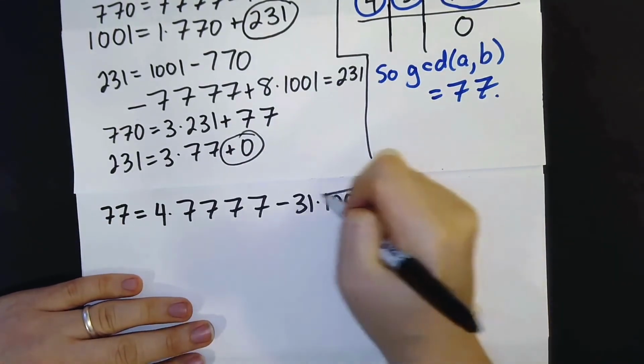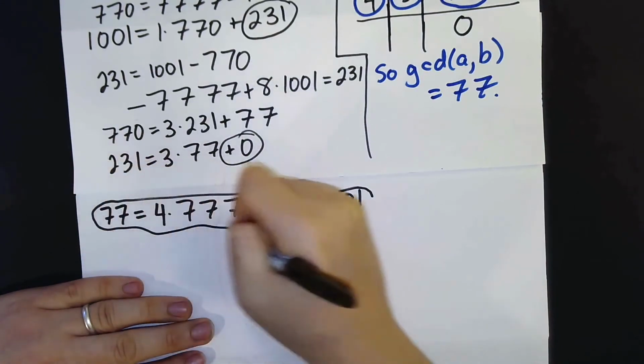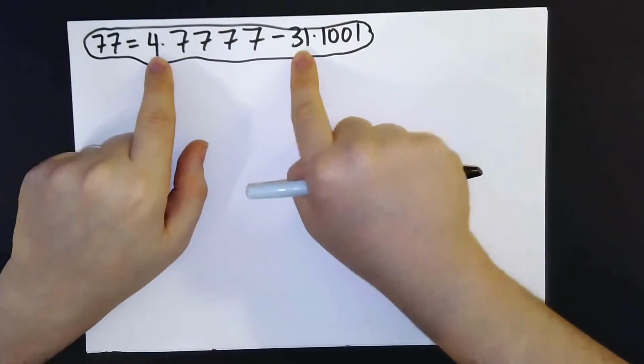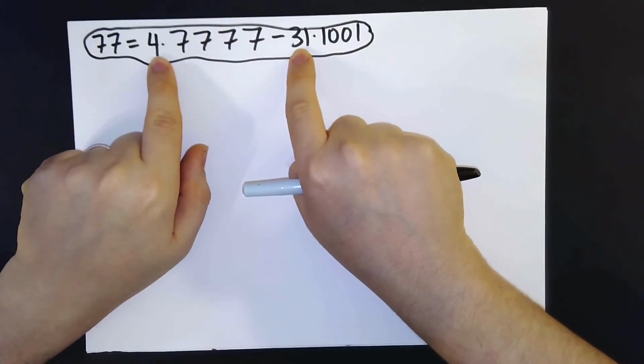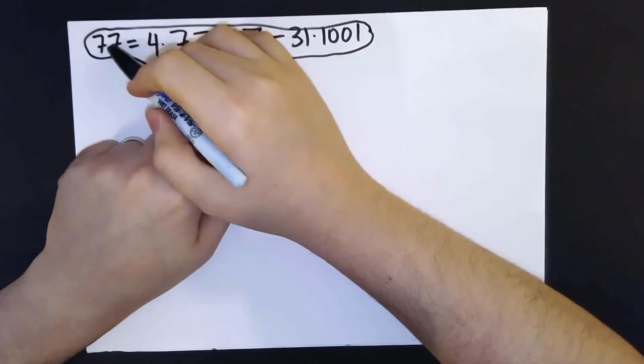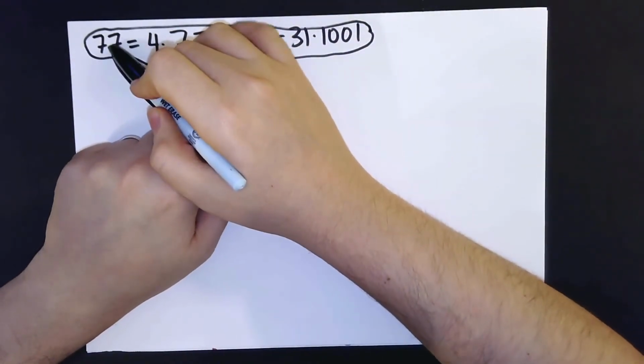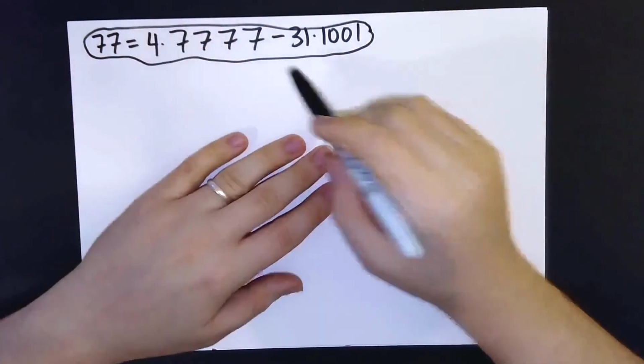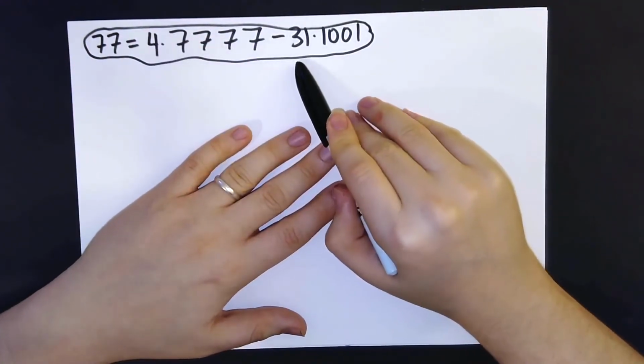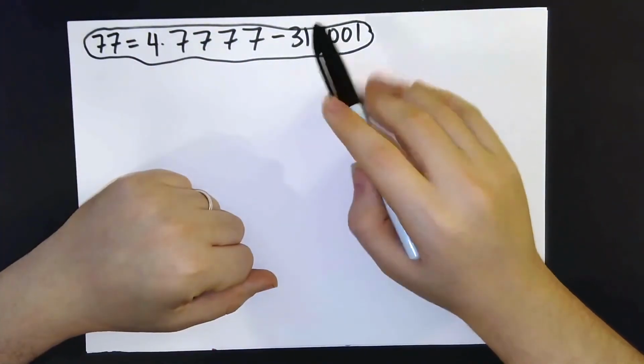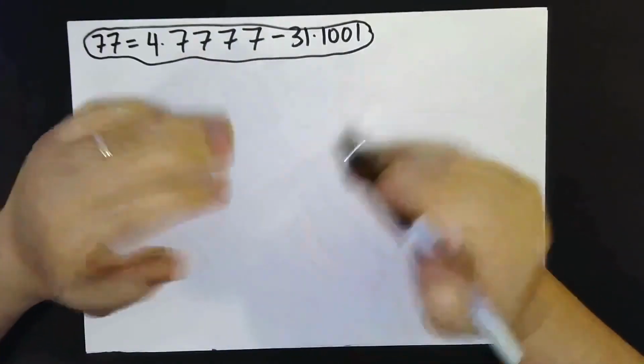Now, at first blush, maybe you're not impressed by the fact that we found these two numbers that allowed us to multiply by the things we started with to get the GCD. And that's fine. If you don't care about these numbers, you can just use the regular Euclidean algorithm and you'll get the GCD and it'll be fine.